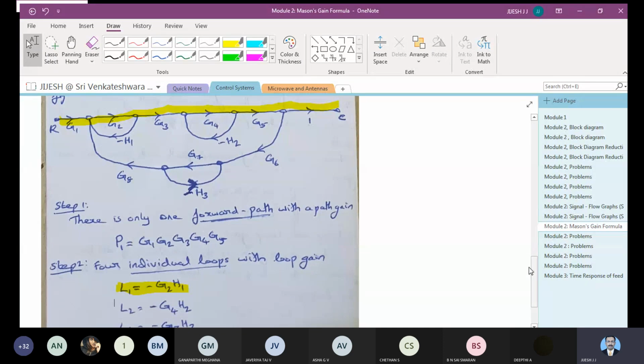Like that, L1 and L3, is this loop non-touching? Can you say whether this loop and this loop are non-touching? L1 and L3, is it touching or not touching?